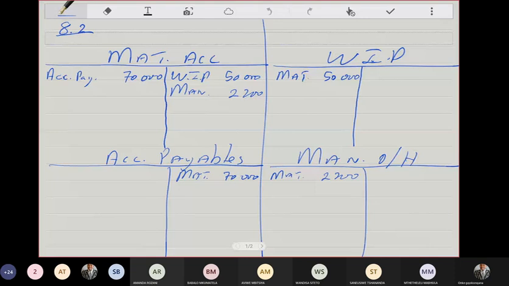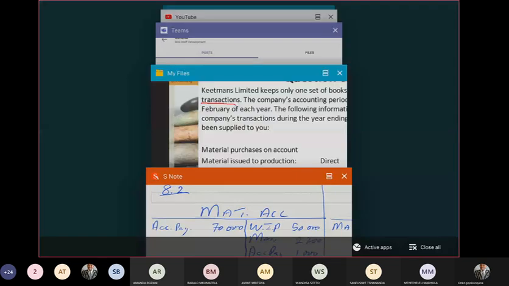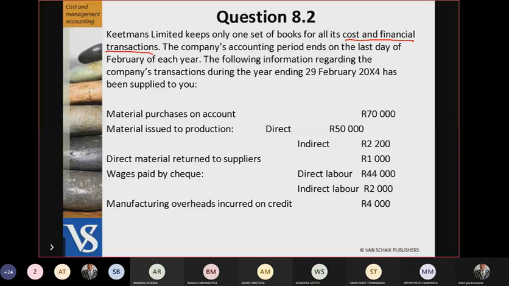So from this 70,000 that we had on the debit side, now we're making a credit. So it will be your accounts payables, then 1,000. Then you come to your accounts payables and say material 1,000. Instead of saying, let me open up the returns account and blah, blah, blah, we care less about those things. We go straight to the accounts that are being affected. Thank you for that reminder.